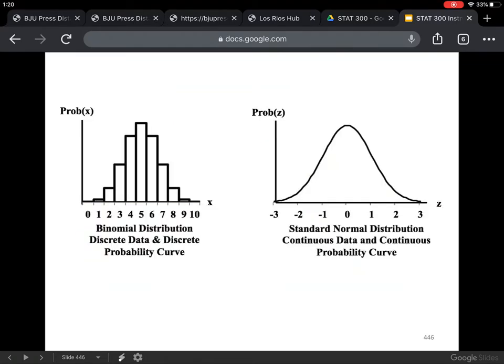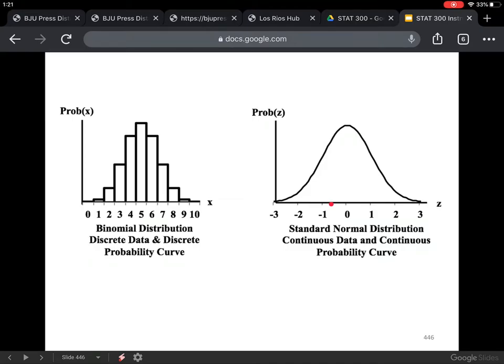Okay? Here's another example. The probability distribution of a binomial distribution can only take values that are whole number values. That's why you have these columns. And in a standard normal, which we'll take a look at in the next chapter, you have a continuous random variable, which can take on all of these values here. Not just -1, but -0.95 and so forth.